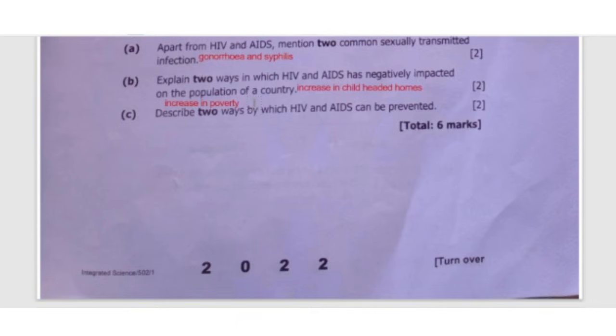Okay, the other one, since they're asking for two, I'm going to give you three. The other one is that there is also pressure on the health sector, because the government has to make sure that in hospitals there are these ARV drugs. So if there are shortages of ARVs, then there will be pressure.